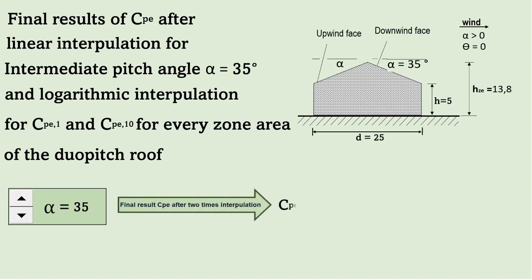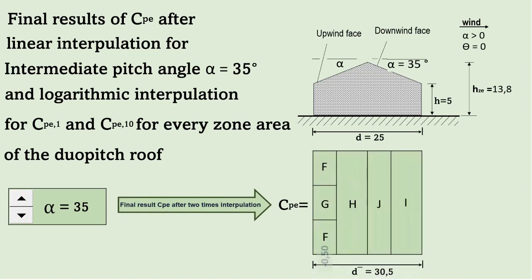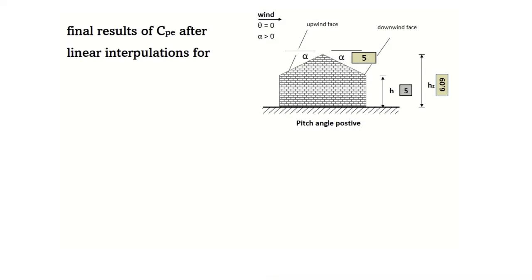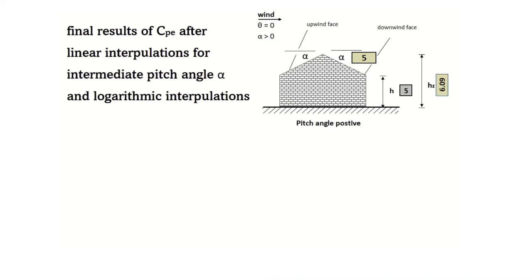Final result after 2 times interpolation: CPE for zone F, zone G, H, J, and I. Here are final results of CPE after linear interpolations for intermediate pitch angle alpha and logarithmic interpolations for CPE1 and CPE10.